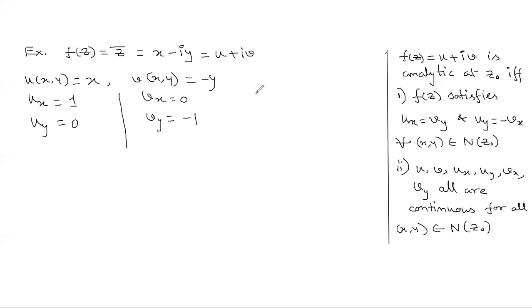So here we can see u_x is not equal to v_y for all (x, y) in the complex plane. So the first equation of Cauchy-Riemann equations is not satisfied for all (x, y) in the complex plane. So Cauchy-Riemann equation does not hold in the neighborhood of z0.